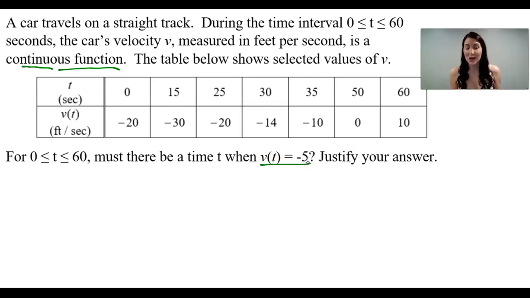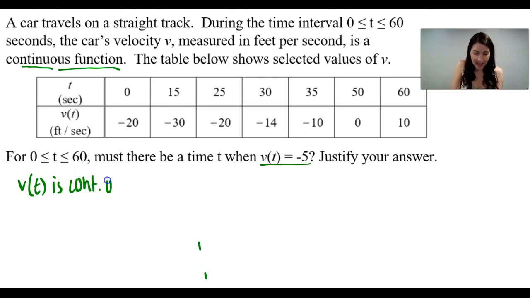Justify your answer. Okay, this time it doesn't say which theorem to use, but because we are looking for a specific function value, in this case, whether the velocity is -5, we know to use the intermediate value theorem. The first thing it's important to note is v of t is continuous on the closed interval from 0 to 60 because we are told that velocity is a continuous function.